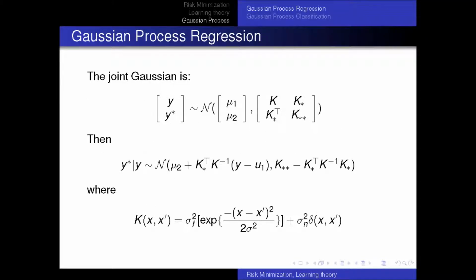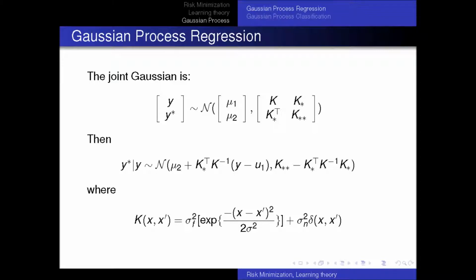So it has mean mu1, mu2, and also the variance matrix. k of x star, x prime is like the kernel matrix, and these 2 sigmas are just some noise and magnitude parameters you can choose by yourself. And this sigma squared is the kernel width, also chosen by yourself.